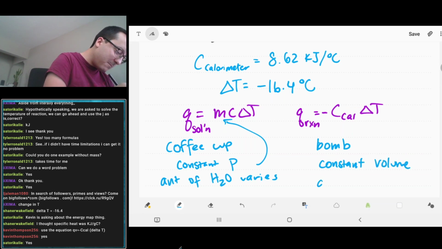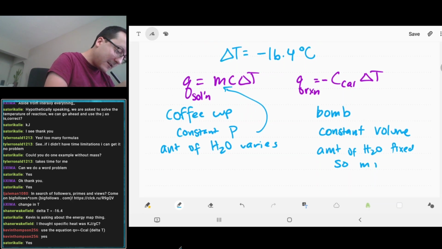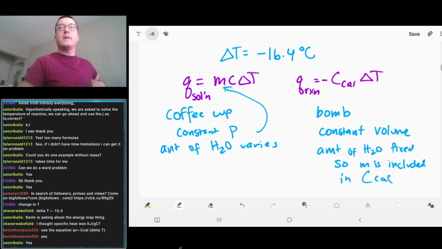The amount of water is fixed, so M is included in C cal. Okay? Cool.